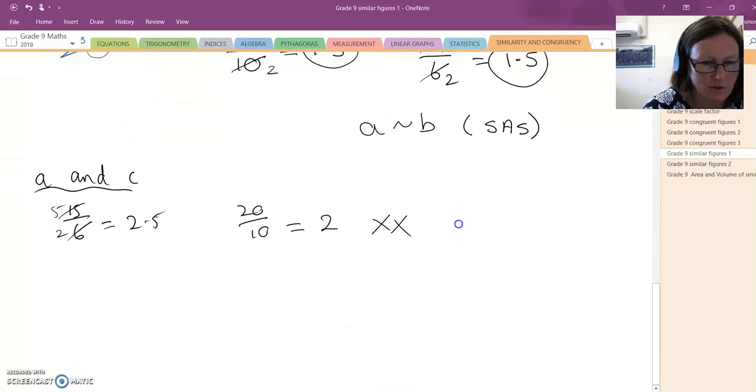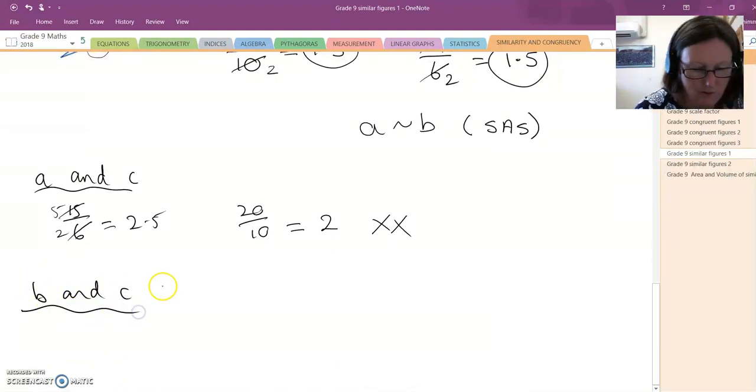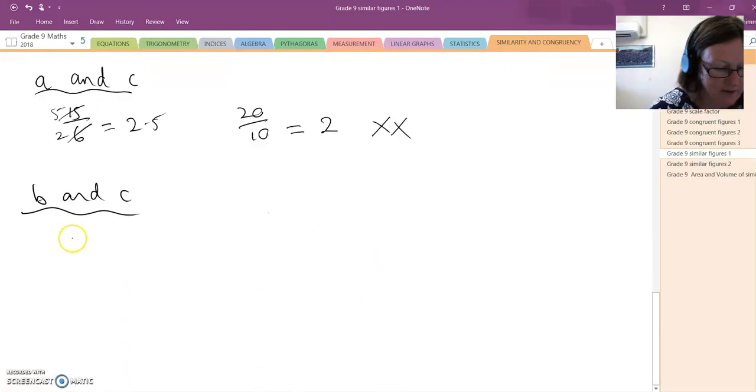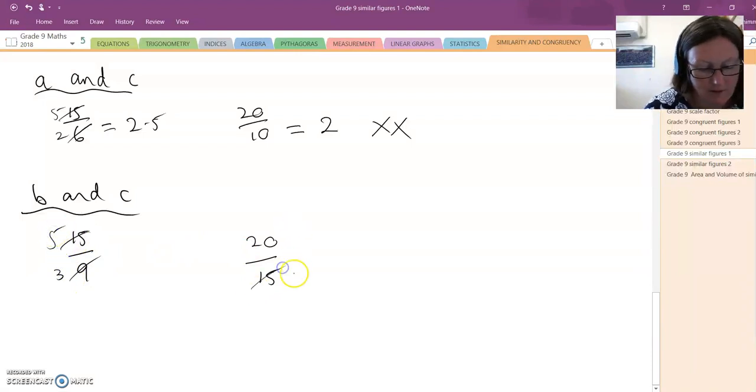So now let's also check B and C. So with B and C, 15 started as 9, 20 started as 15. 3 goes into that 3, 3 goes into that 5, 5 goes into that 3 times, 5 goes into that 4 times.